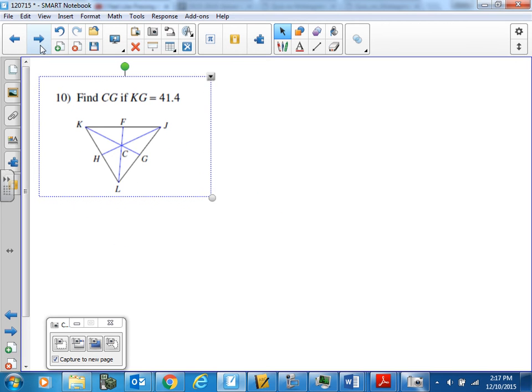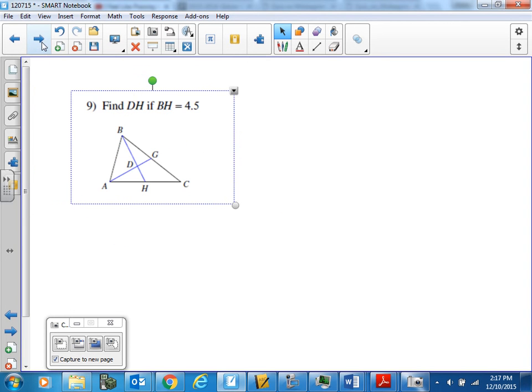All right, let's go to the next one. I'm going to do number 9. Okay, let's see, find DH. So DH is going to be this piece right here. And we know that BH, the entire segment, I'll do that in blue here, is 4.5.